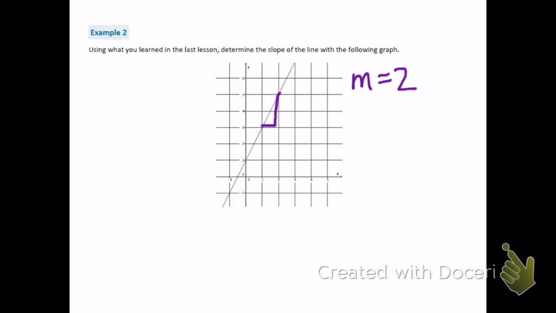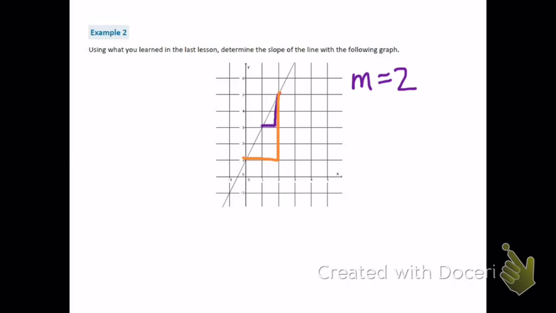So let's use what we just talked about and find another slope triangle here, and I'm going to use a different color, that doesn't have a unit change of 1. So let's go right here and up.